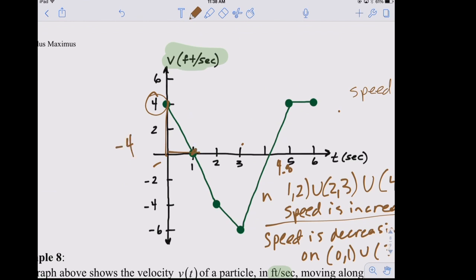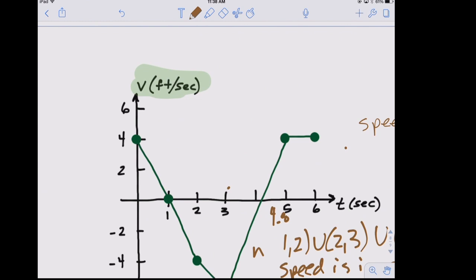It goes down 4 units. And then in the next second, it travels down 4. Am I using this graph right? Is this a position graph? No, it's not. Okay, so I can't just do that. If this were a position graph, it'd be that easy. Just figure out the change in the y values. How can we figure that out?